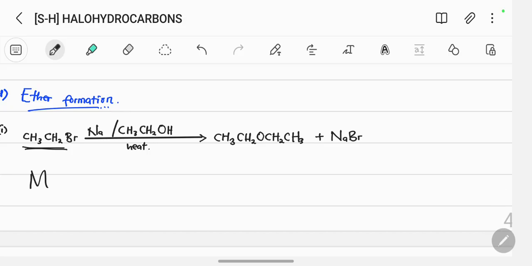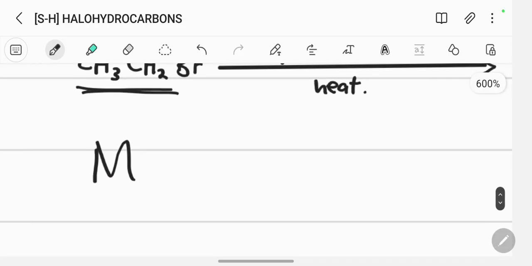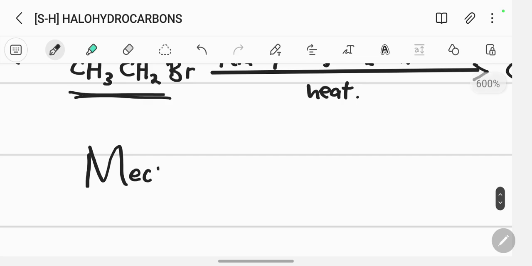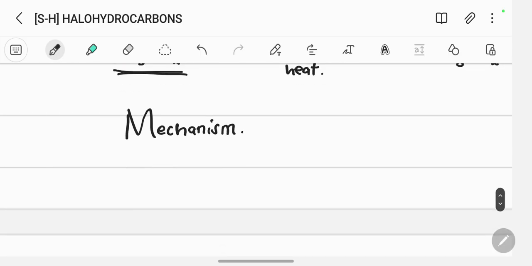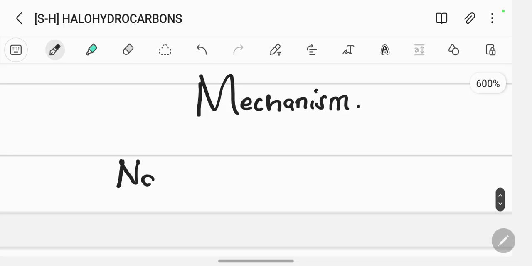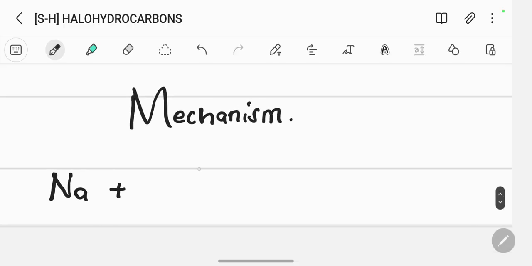So we're still talking about our mechanism. In our mechanism, we have this sodium. At some point, alcohols behave as though they are acids, because this reaction is a behavior of acids.